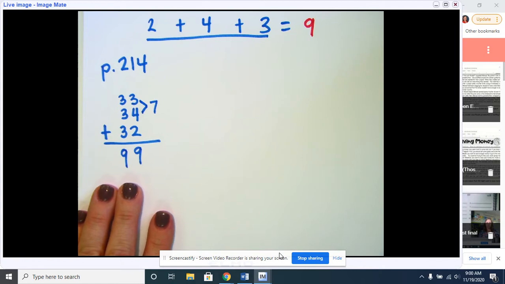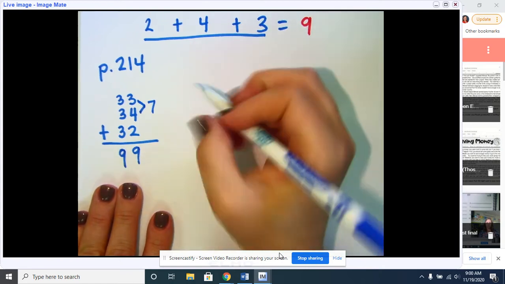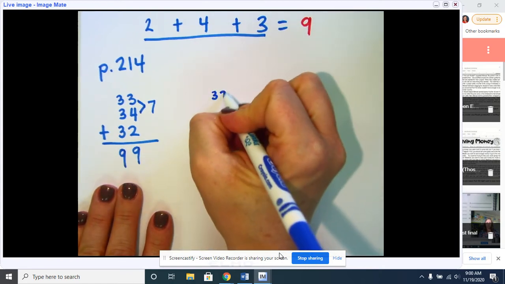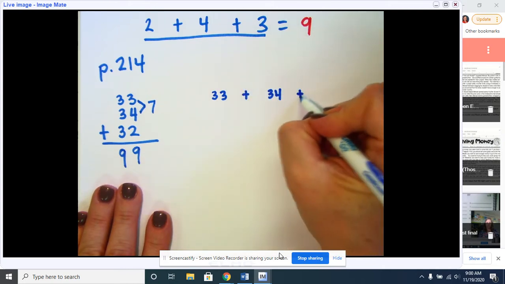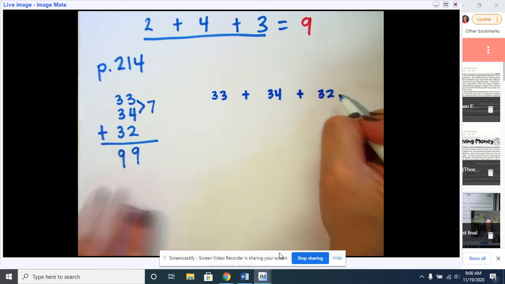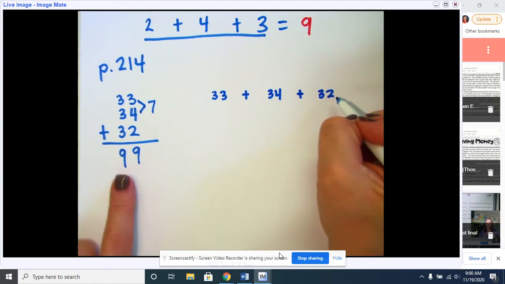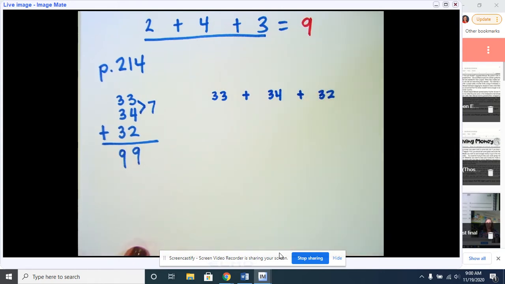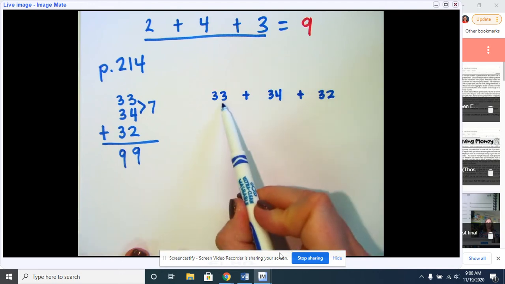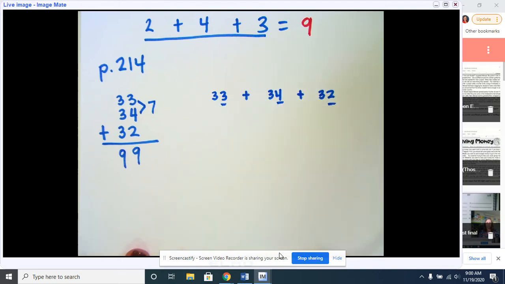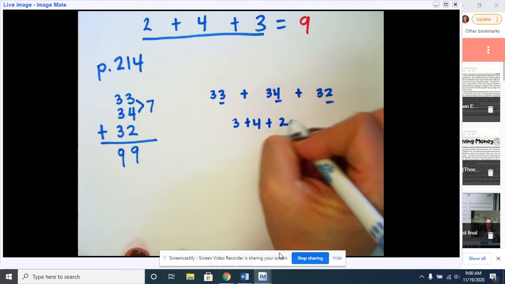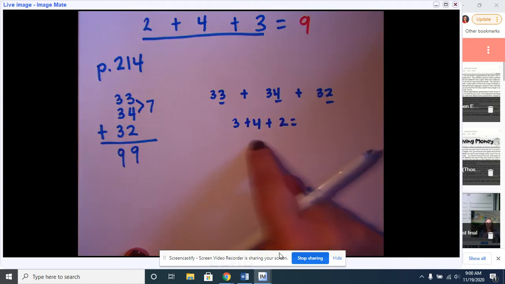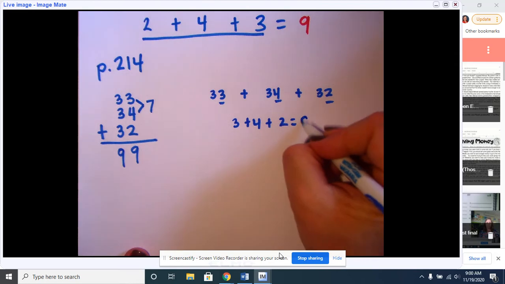However, if this is hard for you, another thing you can do is write it horizontally. But again, I would recommend the first strategy. You can break apart the tens and the ones. I'm going to do the ones first: 3 plus 4 plus 2. 3 plus 4 is 7, 8, and 9.